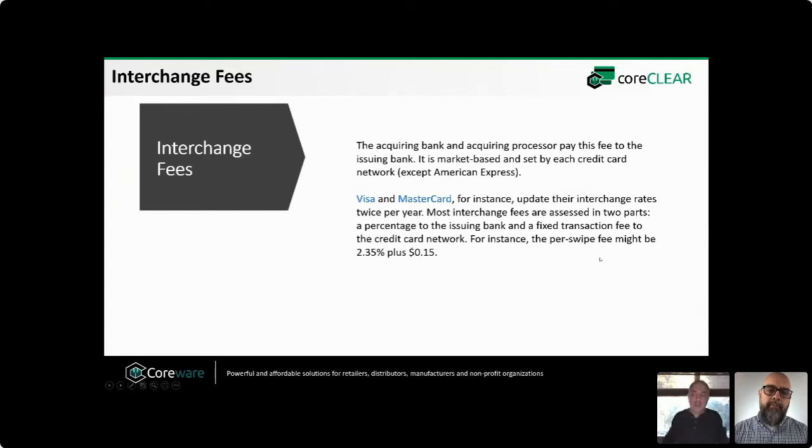So for instance, the per swipe fee might be 2.35% plus 15 cents. Again, don't get caught up in the numbers. I'm just throwing some numbers in here as an example. In this case, the 2.35% is going to the issuing bank, and the 15 cents is going to Visa or MasterCard.